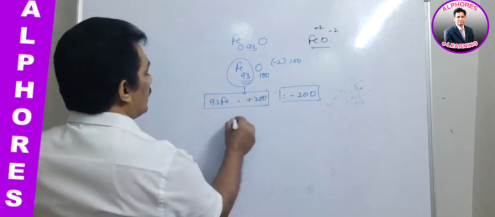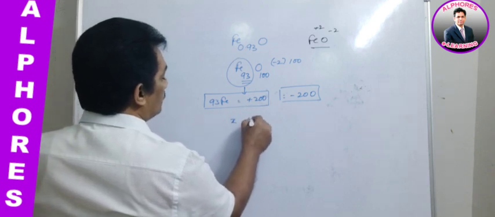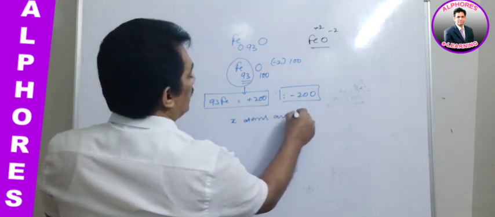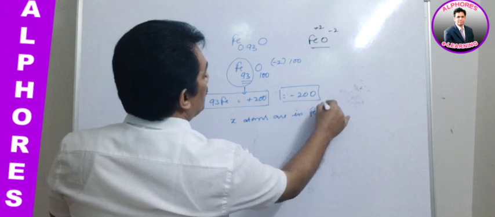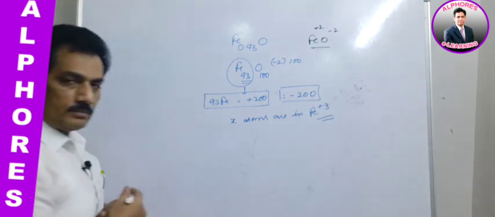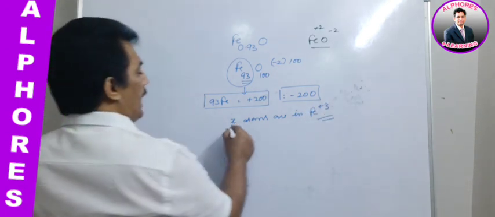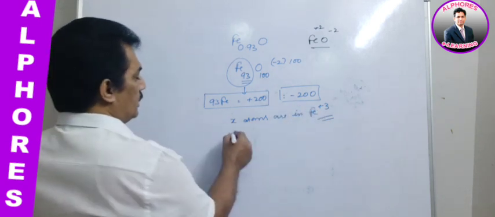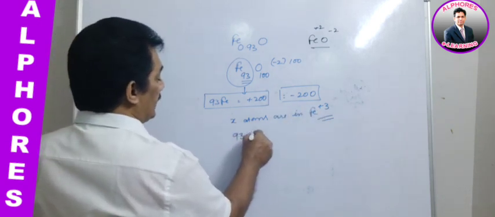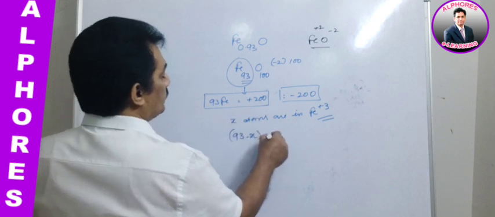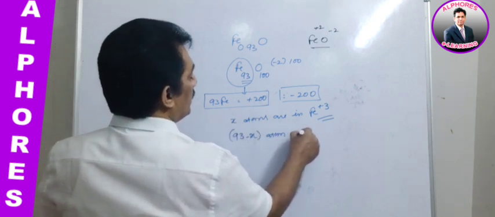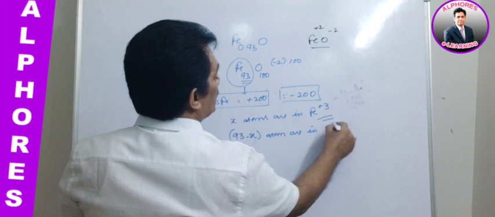Let us assume that X atoms are in Fe+3 oxidation state. Then when X are in Fe+3, 93 minus X atoms will be in Fe+2.